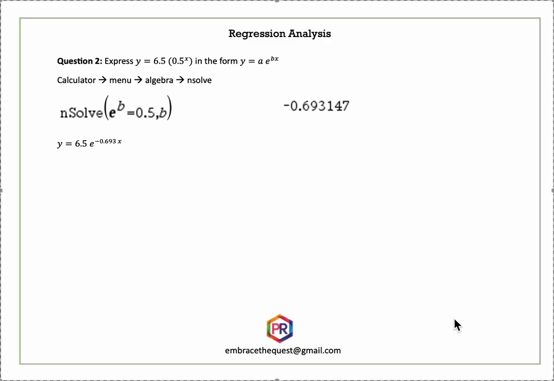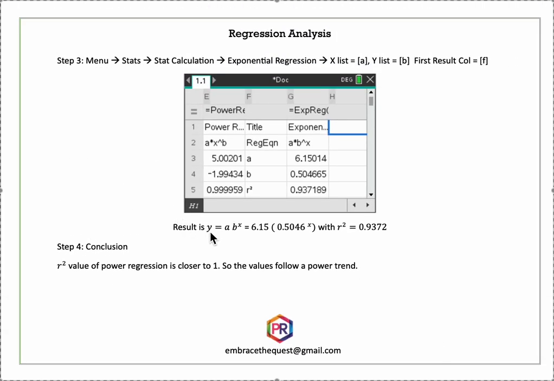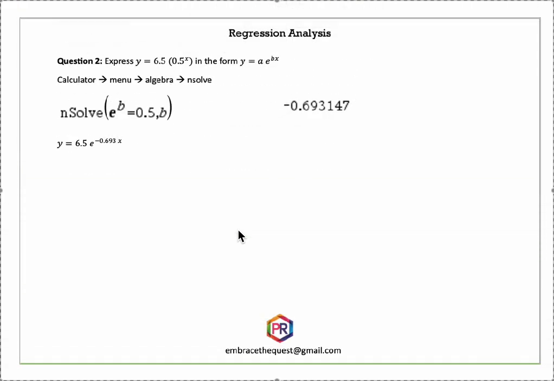Now the second question is, yes, we are getting the y value for the exponential function not in power of e but in terms of b. Is it possible to express it in the form y equals a e to the power bx? Yes, it is possible.